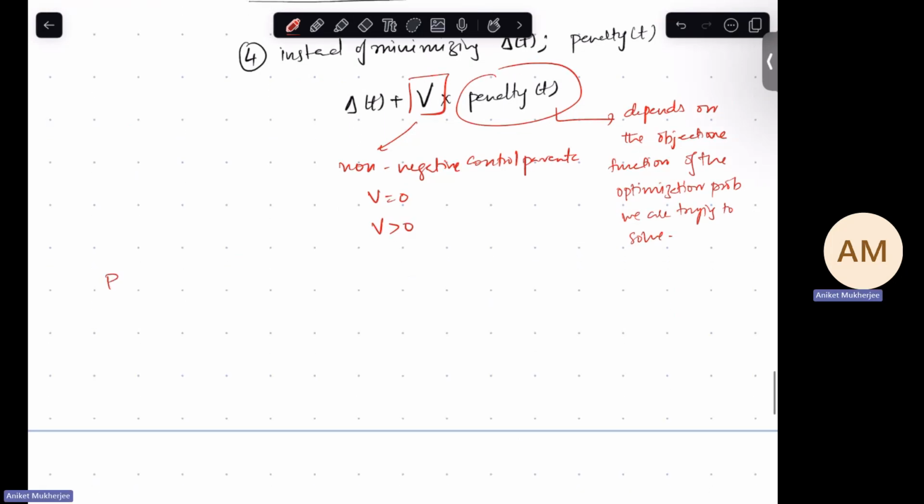Some preliminaries that we will require while discussing these kinds of topics are basically expectations, law of large numbers, etc., and basic mathematical analysis.